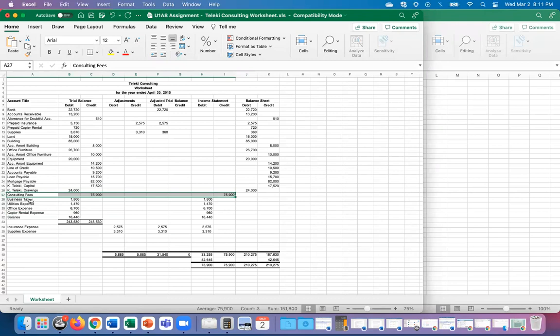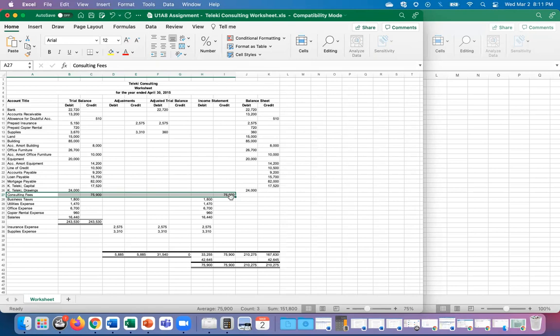A good tip off of a revenue account is like the word fees or the word, obviously, revenue, earned, things like that. Those tip off the fact that it's a revenue account. But in this one, we've just got the one. So to close that, you would just do the opposite of whatever type of account it is. So this is a revenue account, so it holds a credit balance.